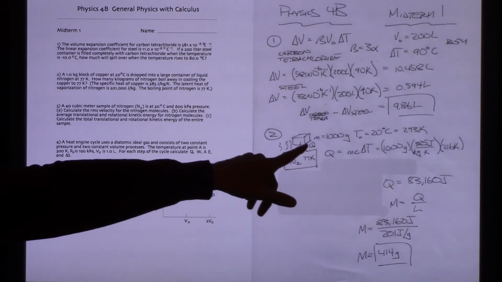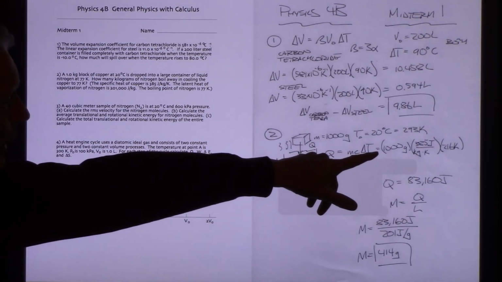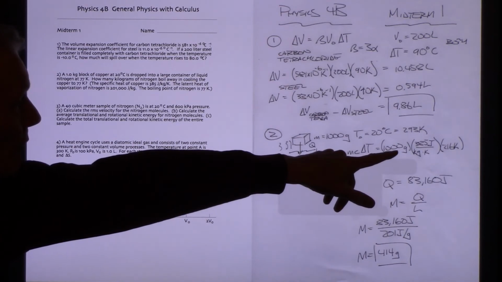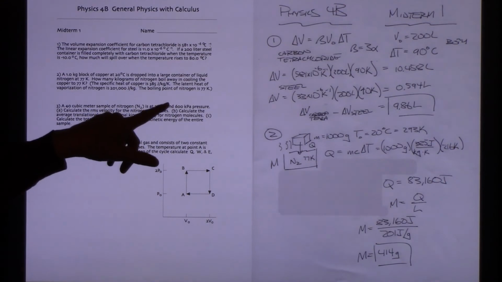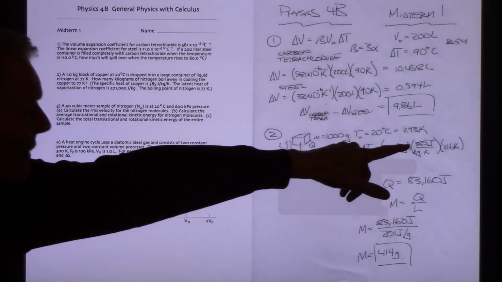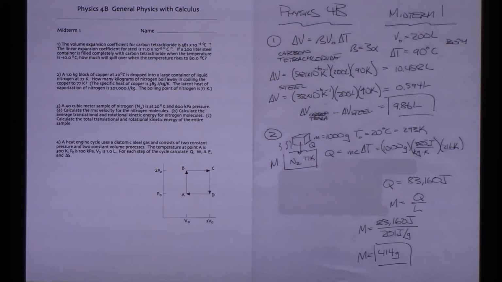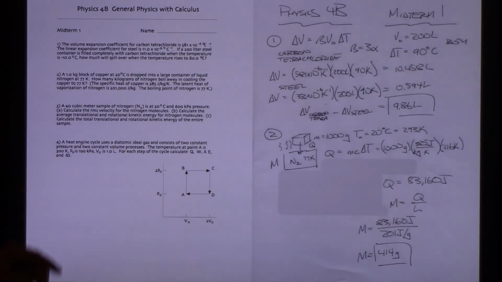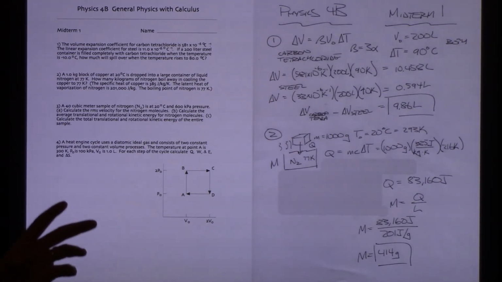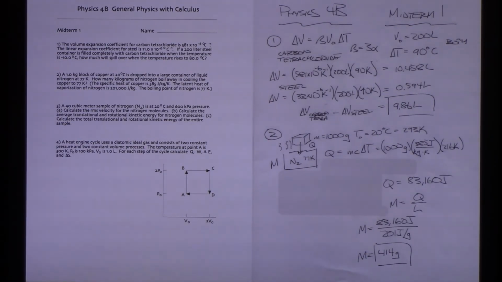So the heat coming out of the copper, I can write that as it's a 1,000 gram sample. I'm writing down the specific heat, which was given, 385 joules per kilogram per Kelvin. And then the delta T, how much is the copper going to drop in temperature? Now, if this is a large container, which it says, of liquid nitrogen, the word large suggests to us that there's enough liquid nitrogen there that the liquid nitrogen temperature is pretty much going to stay right at 77.